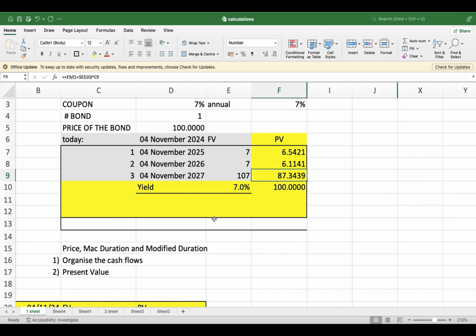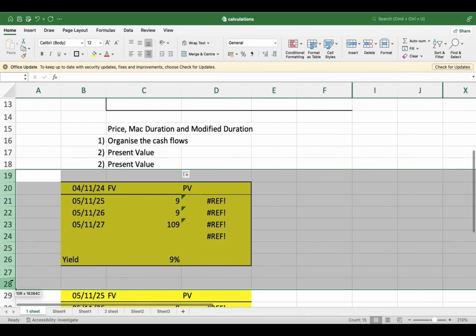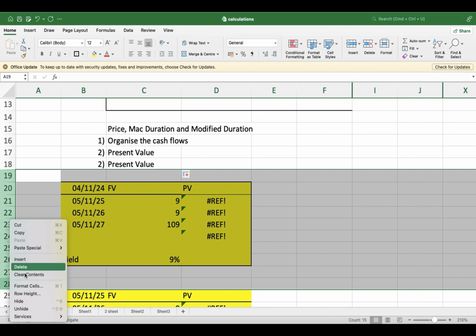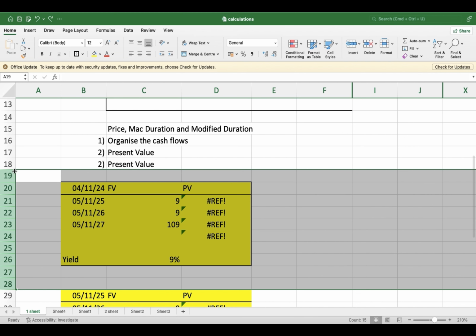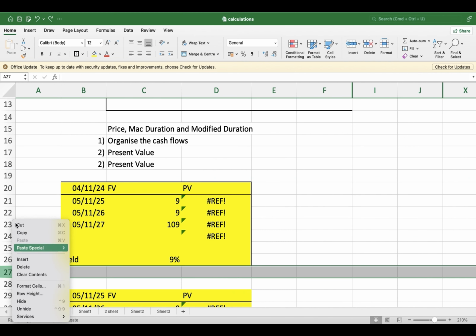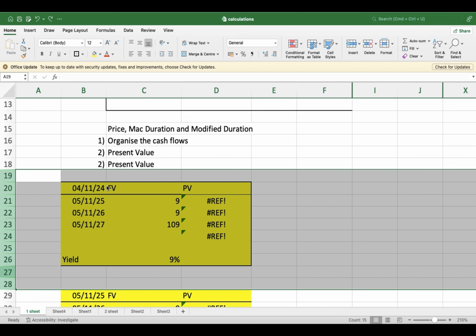Now how do I calculate the price of the bond? The price of the bond is nothing but the summation of all the present values of all the future cash flows. We calculate the present value, and then as a third step, let me insert a few rows so we know exactly what we are looking at.